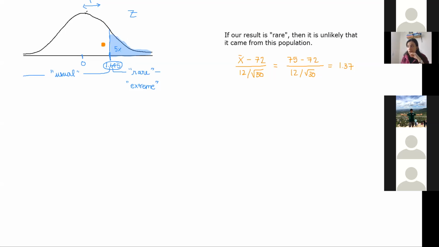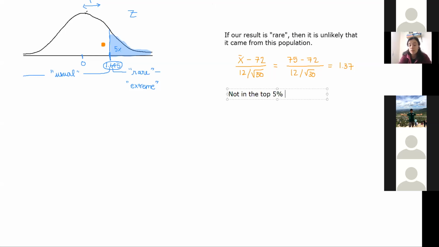Yeah, so this is not that extreme a result, which means that I can't conclude that there's an actual difference, right? So this means that I'm not in the top 5% of the distribution.